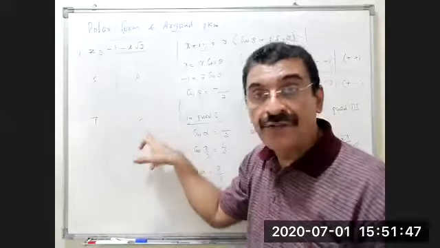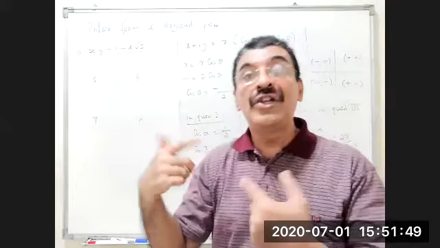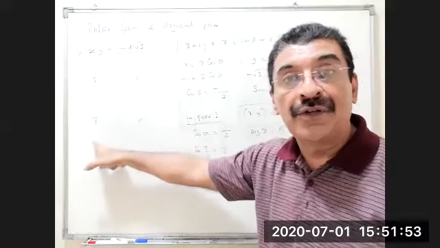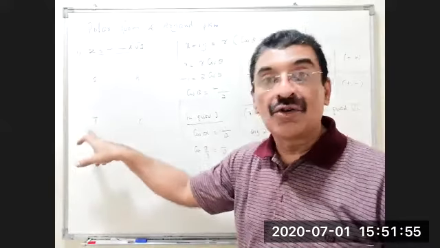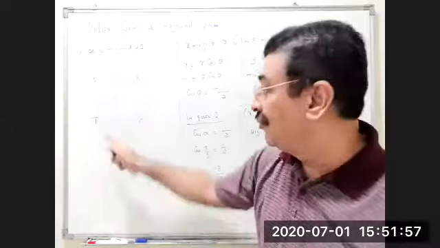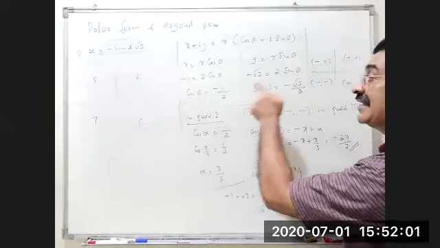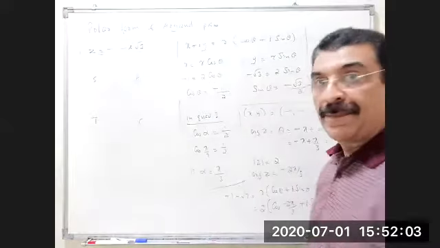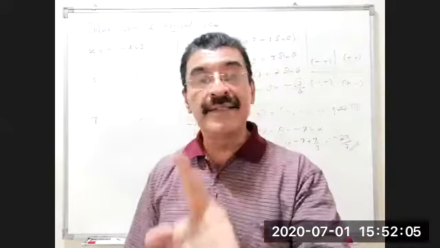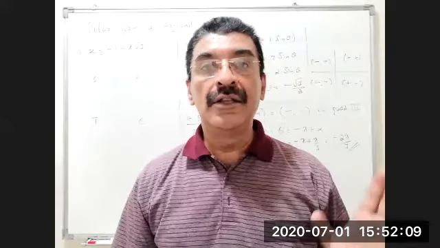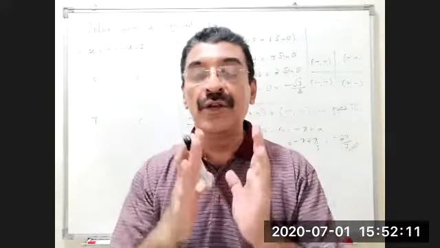Fourth one, cos is positive. So in which quadrant are both negative? Only the third quadrant. Here tan is positive. That means both sine and cos are negative. So quadrant 3. So by seeing the sign of sine and cos, or by seeing the sign of x and y, we can locate the quadrant in which our principal value lies.